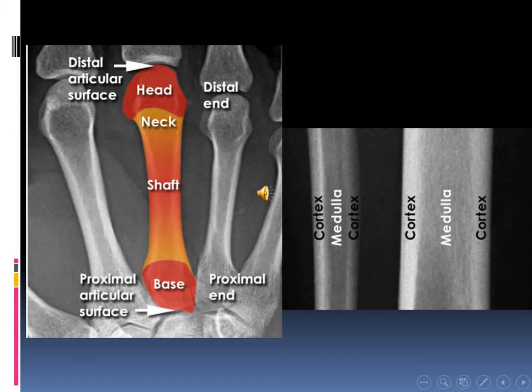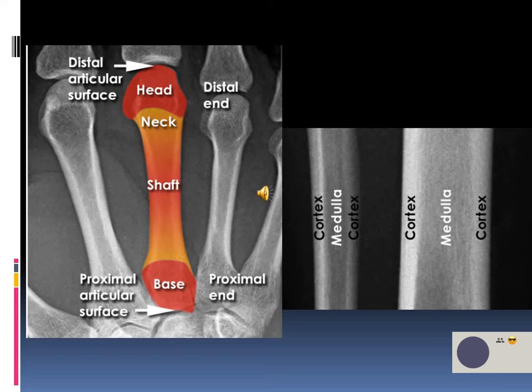Examples of the plain X-ray of the right hand: we can see the metacarpal bones. On the right image we can see the part of the bones which shows the cortex, which is very dense as compared to the medulla in the middle. So the medulla is the marrow and it is low density, while the cortex on both sides is hyperdense and denser than the medulla.